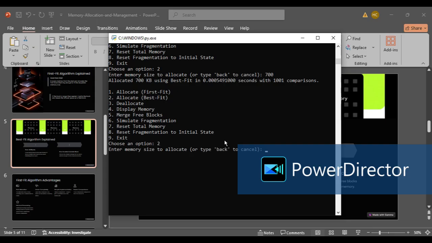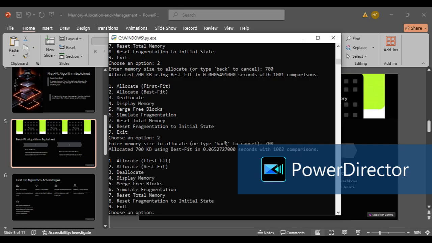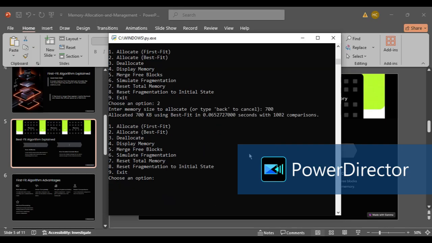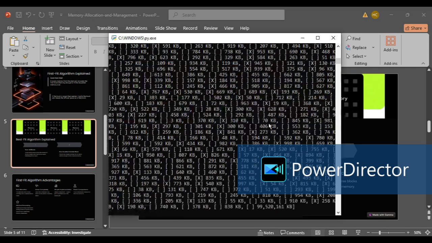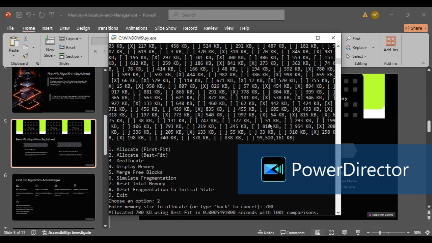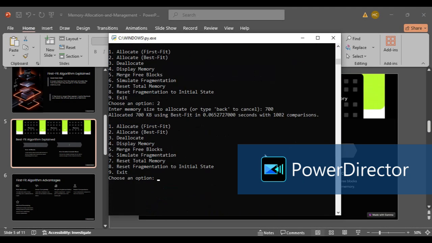So option 2, 700 kilobytes. We allocated this, and now our comparisons are increasing. What it means is that the space it found left a leftover, and the leftover space has been added to the blocks. So now we have 1002 blocks.